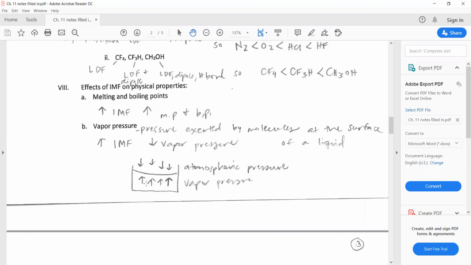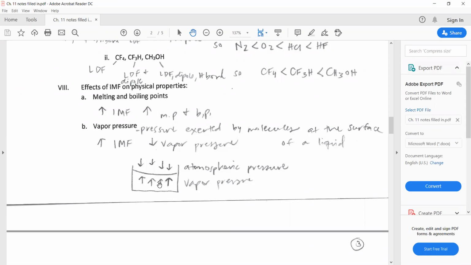They're not going to push up very much because they don't want to escape. They want to stay where they are. So the greater the intermolecular forces, the lower the vapor pressure.